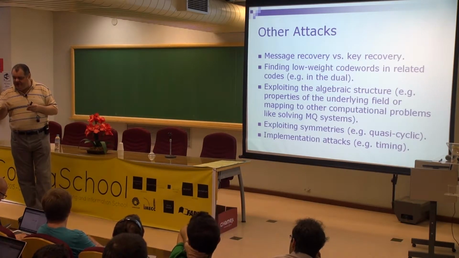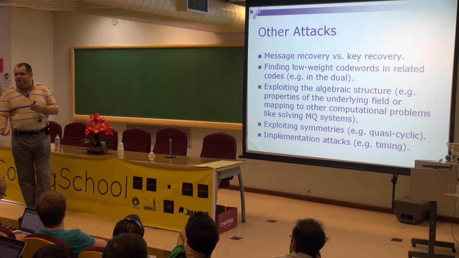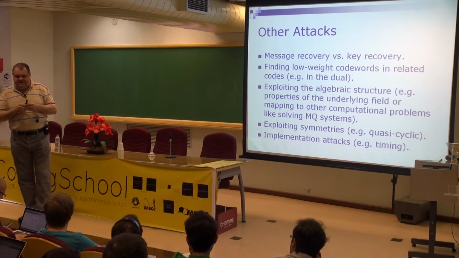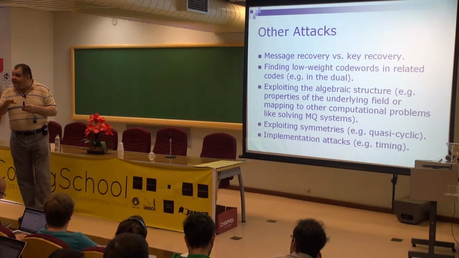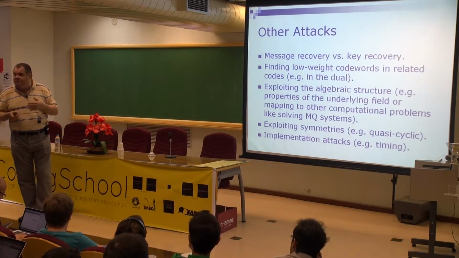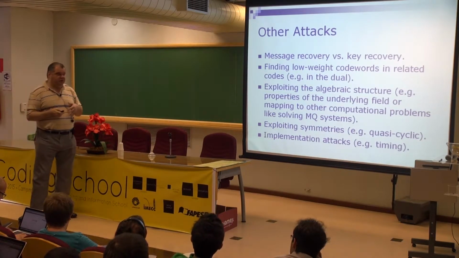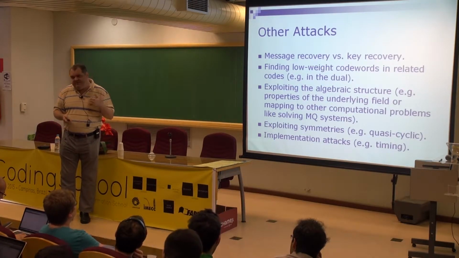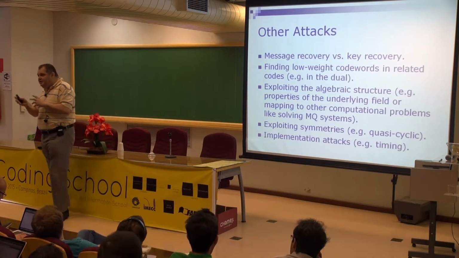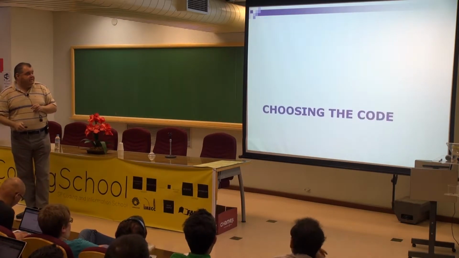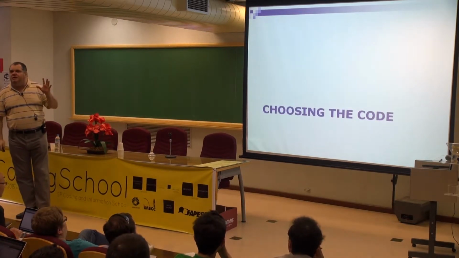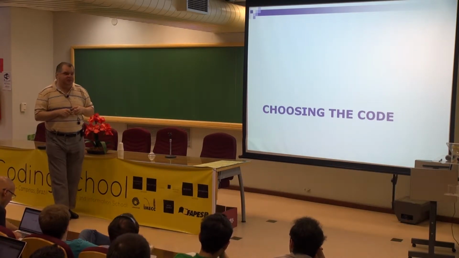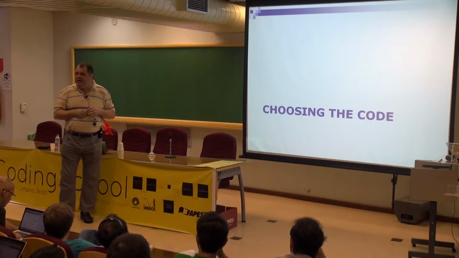Say a smart card whose power source is external, so it's easy to measure how much energy it's spending. We have to be very careful about how we implement things here as well. Not only what family of codes we choose, but how we manipulate them as well. Okay, so next of the 4 overall subjects we will address in our second part: how do we choose the code?